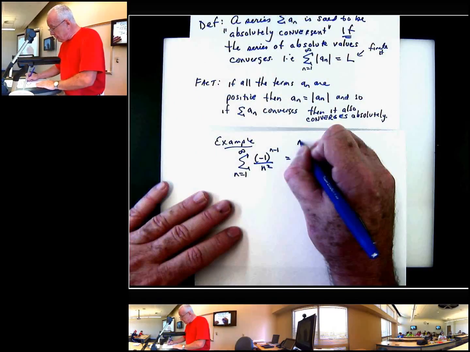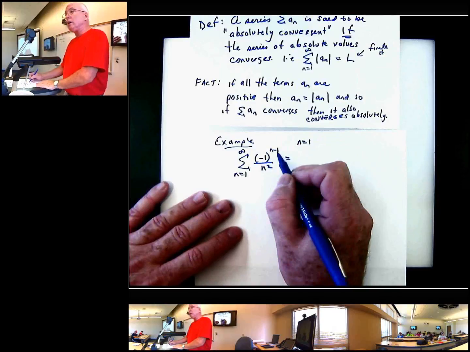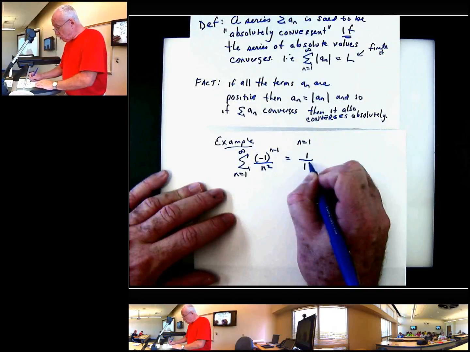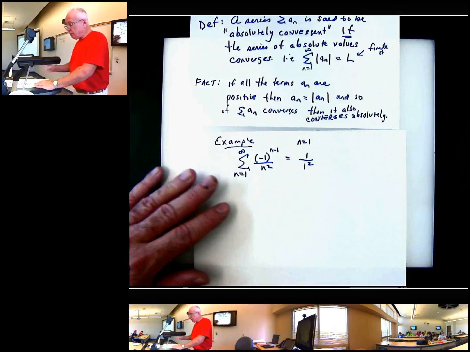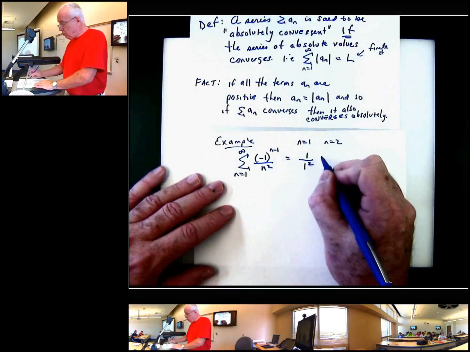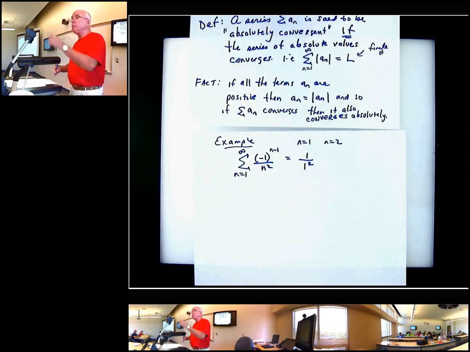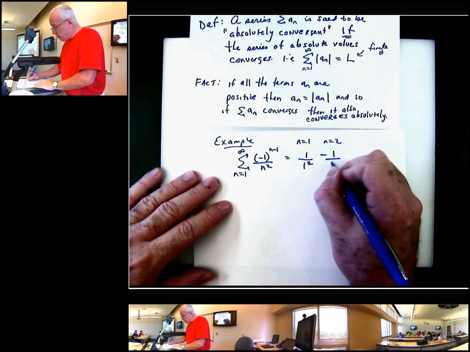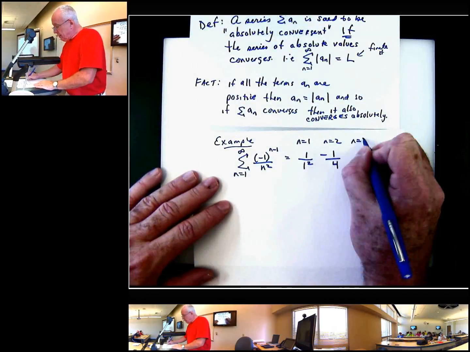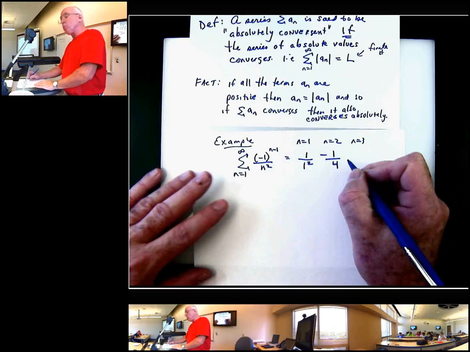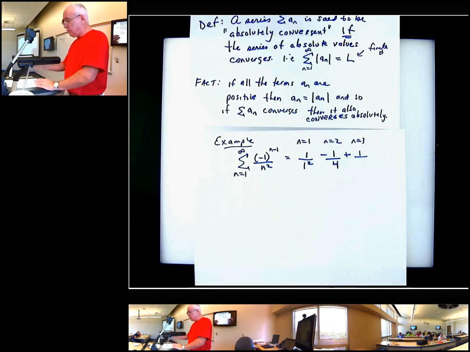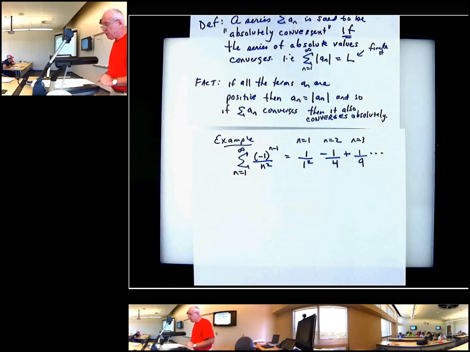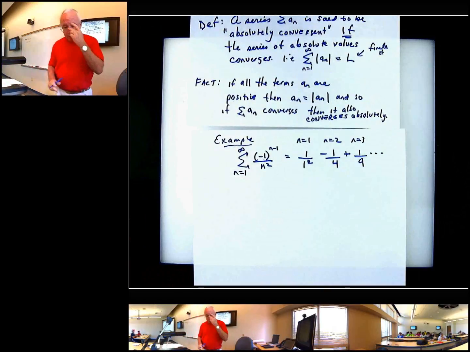When n is equal to 1, minus 1 is going to the 0 power, so that's 1, over 1 squared. When n is equal to 2, the minus 1 is going to the first power, so that stays minus 1, and then 2 squared is 4. Continuing, if n is equal to 3, we're back to a positive 1 on top, and 3 squared is 9, etc. So that's what the start of this series looks like.